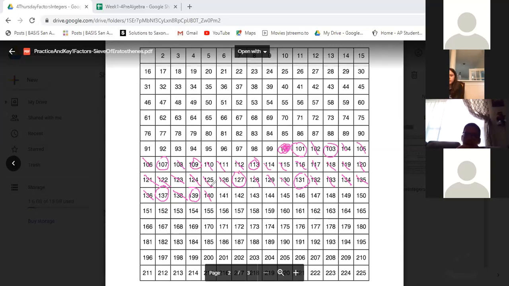Yeah. Wait, so where? 141. Sorry, 141 to 150. Okay. So 141 is crossed out, and 142 is also crossed out. I think it's circled.